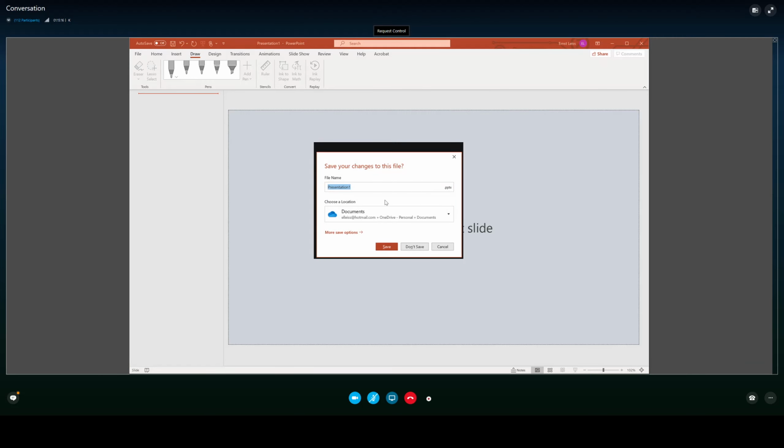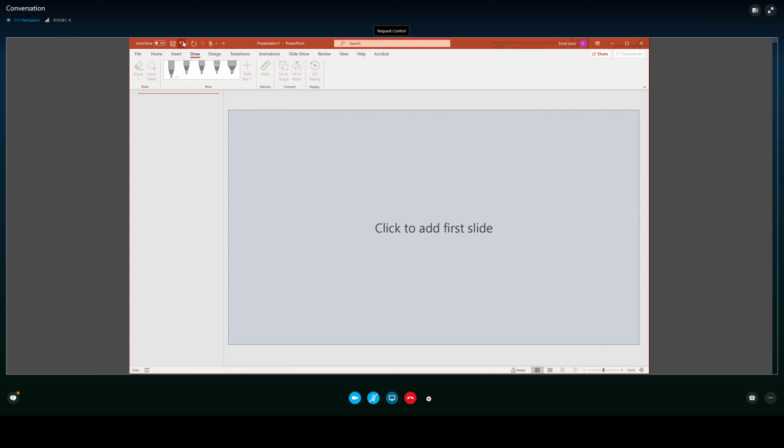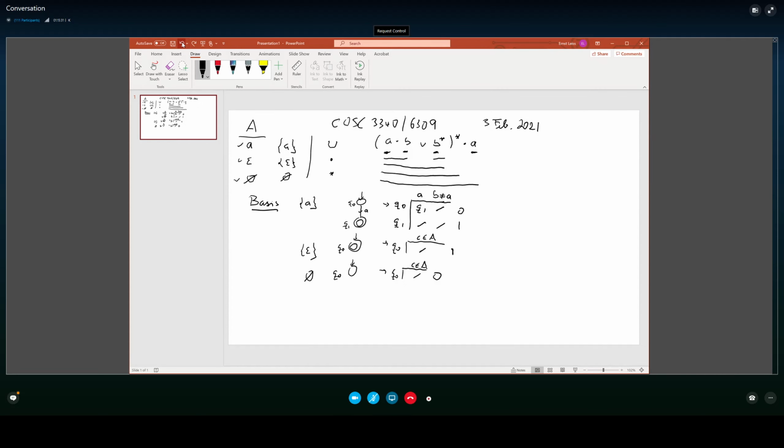No, no, no. There's one to the left of that, the arrow pointing left. Yeah. This one? Yeah, that's the undo button. But you have to press cancel on that window in front of you real quick before you can press it. Ah, thank you, thank you. All right.